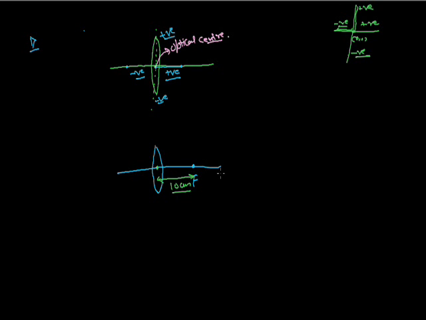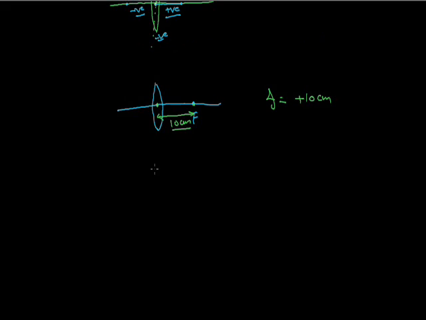Now I am to identify the focal length. I start from here and go in this direction toward the origin, so all the calculations in this direction are made positive. So this is plus 10 centimeter.